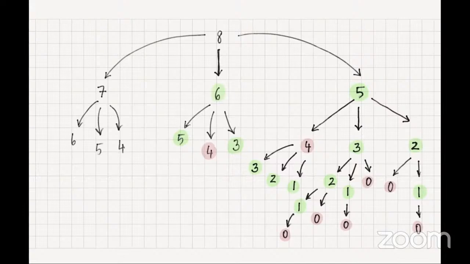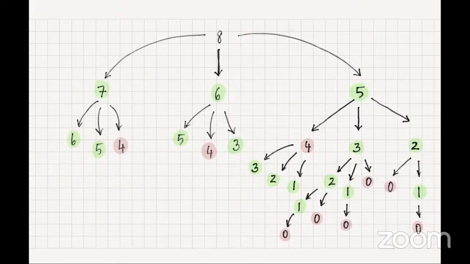From 6, we can go to 4 and stump the other player. Same is true for 7, because 4 is bad for us and is accessible from 7. 7 is good for us because we can push the other player into that bad situation.